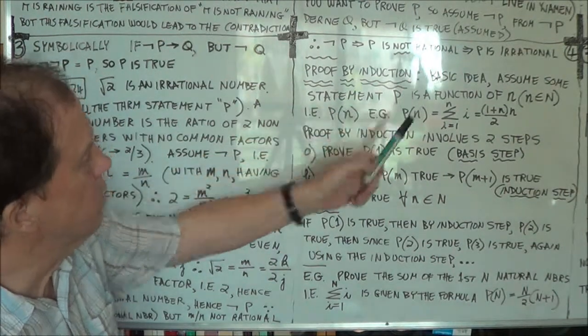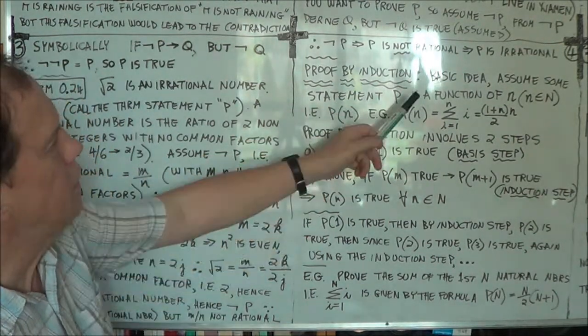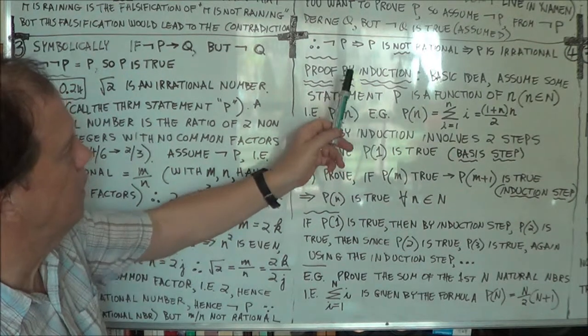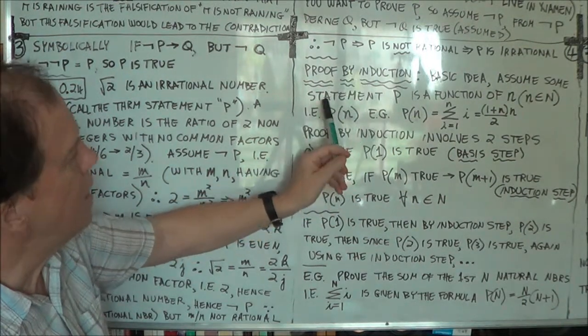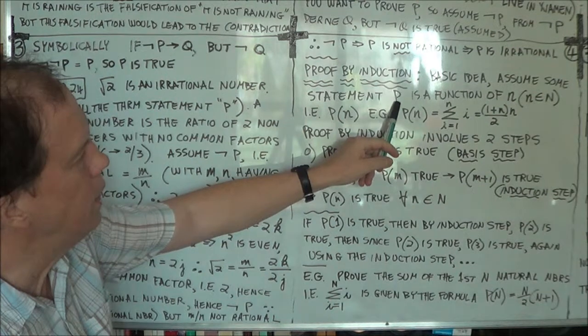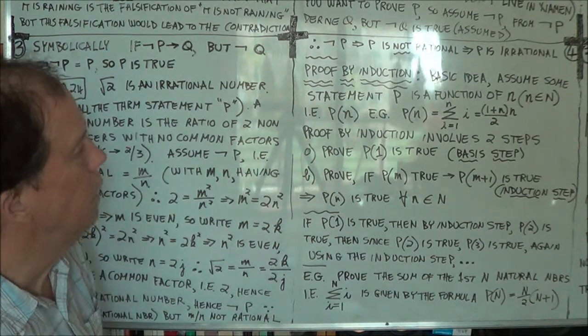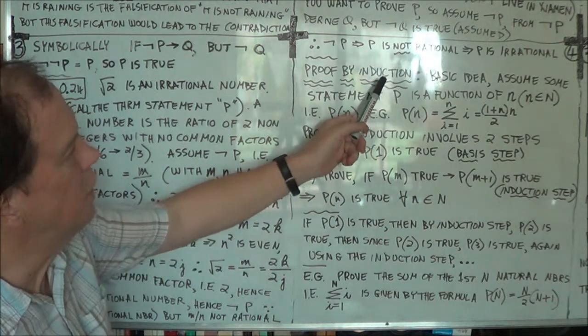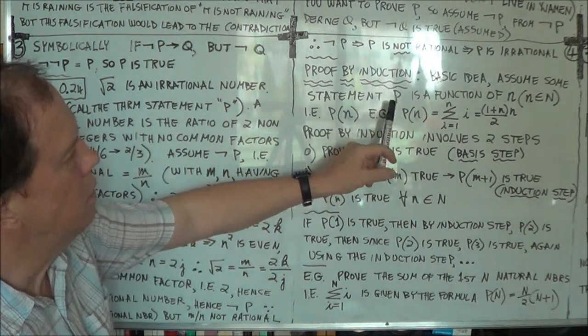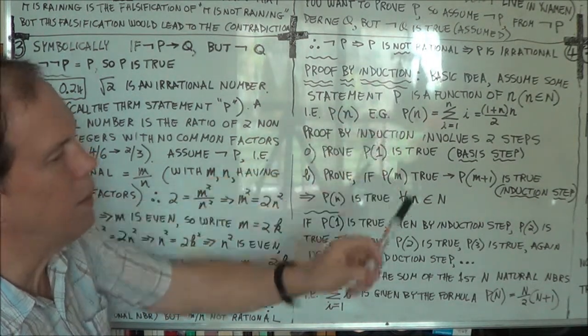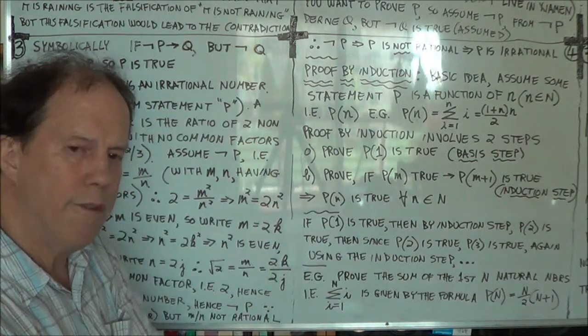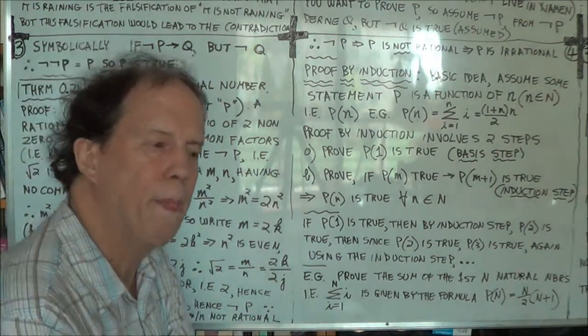Okay, so what is induction? Well, the basic idea is now proof by induction. Again, you've got some mathematical statement P, and you're trying to prove that it's true. Now, induction tends to get used when your mathematical statement P has a kind of parameter.